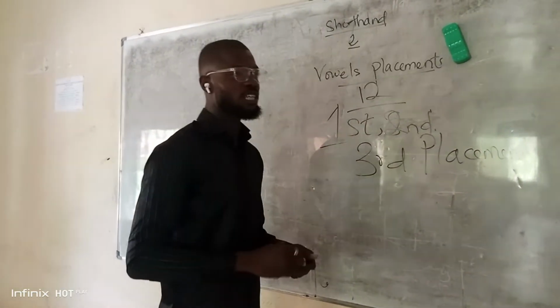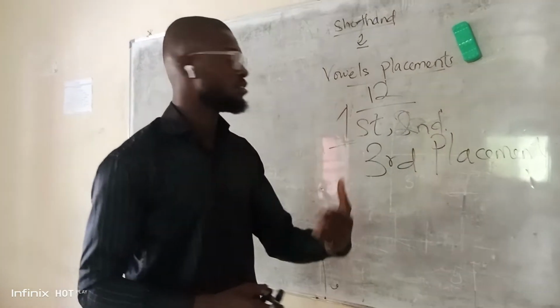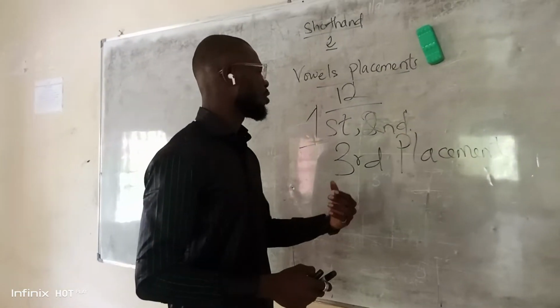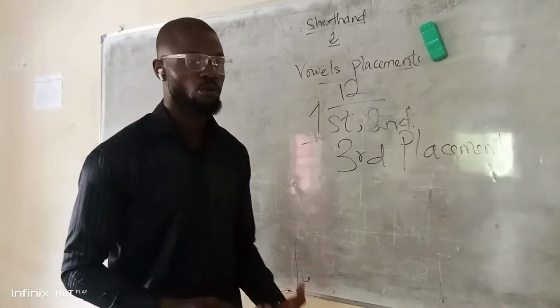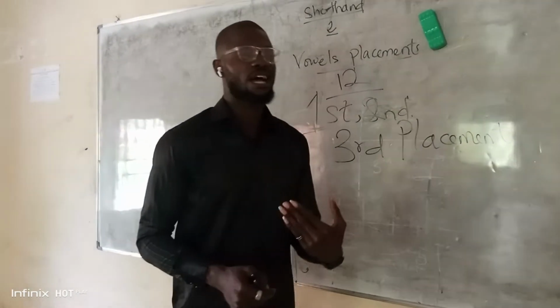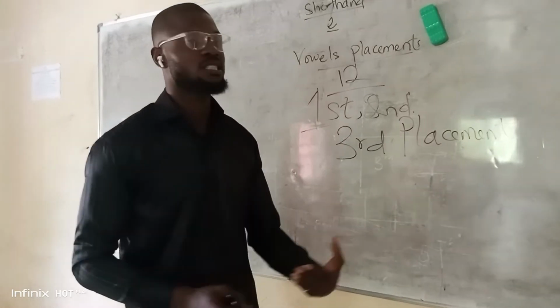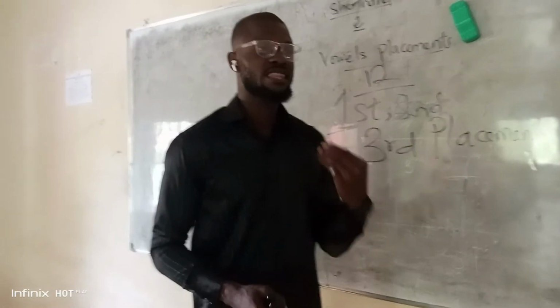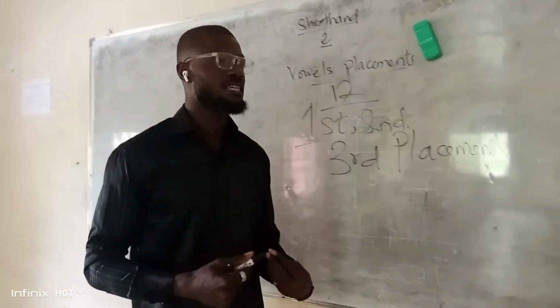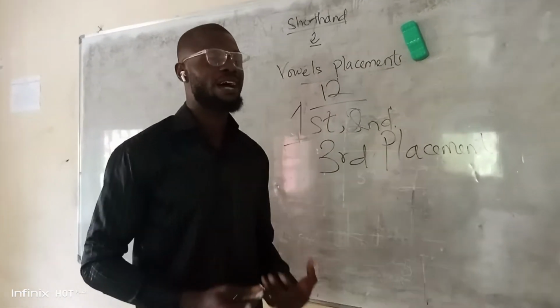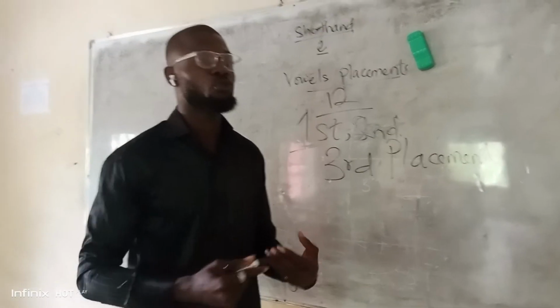Now, like I said in the other class, if you want to know shorthand very well, you have to get acquainted with your consonants, your vowels, and your what? Diphthongs. Consonants, how to have them by heart, and how to represent and identify them whenever you hear them.